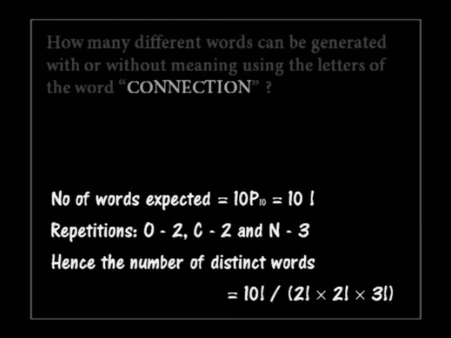Clearly, if there were no repetitions, then the number of words would have been 10 factorial. But now we know there are repetitions, so the distinct number of words is going to be 10 factorial upon 2 factorial into 2 factorial into 3 factorial.